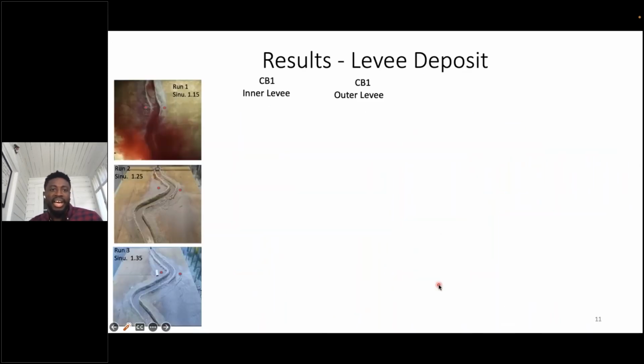In the same vein, we looked at the levee areas to see how the increase in sinuosity affects deposits of the inner and outer levee areas. So this is for channel bend 1. These are deposits taken from the levee areas of channel bend 1. At channel bend 1, for run 1, we see that there's more coarse sediment deposited than fine-grained sediment.